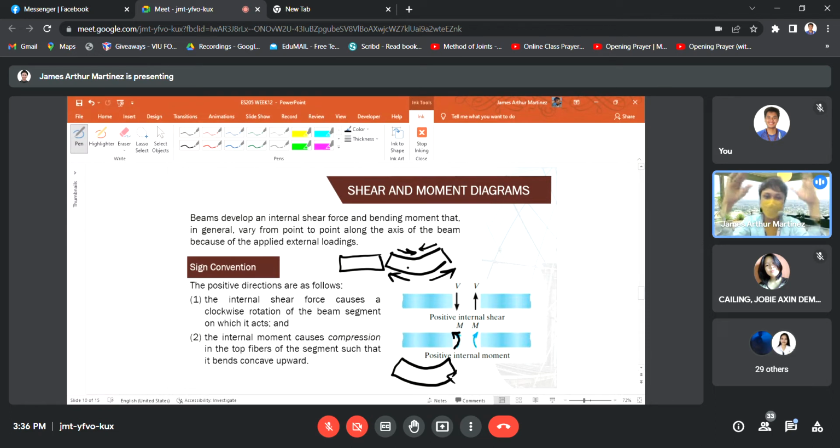Nasabtan ba? Unta na-imagine ninyo ang nahitabo sa structure nga if ato siyang i-bend, ang bottom part mainat na siya, di ba class? Then ang upper part sa imohang beam ma-compress na siya, class.